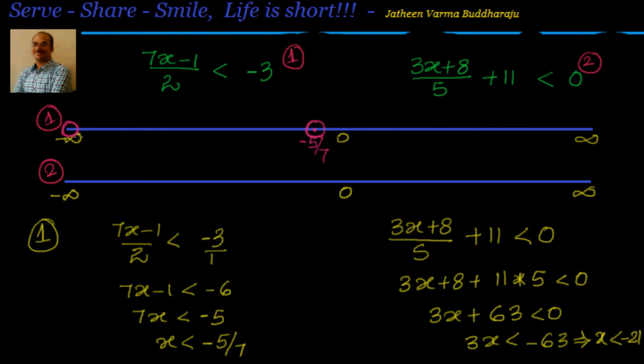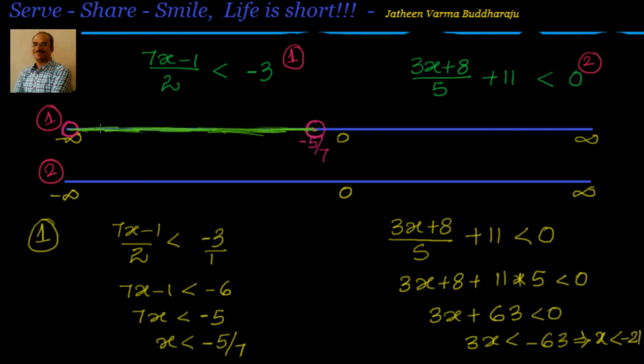Now I have to join them. This is my solution. So I'm starting from minus infinity and I'm moving towards minus 5 by 7, excluding the boundaries. That is the solution you have.